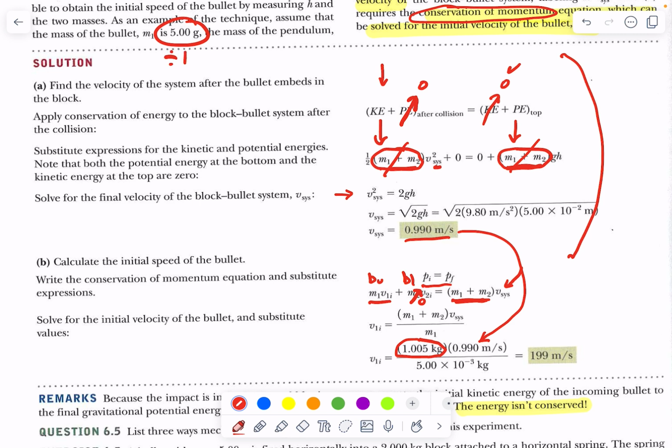Kilo means 1,000. You should know that, but every year there's a student or two that make that simple mistake. And now we just solve for the initial velocity of the bullet, and we find it's traveling almost 200 meters per second. A ballistic pendulum.